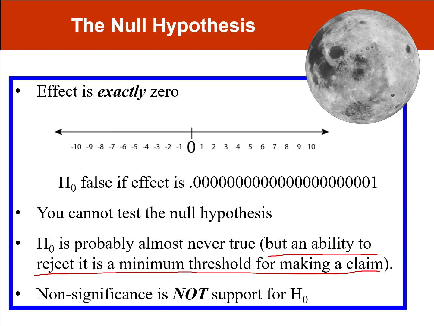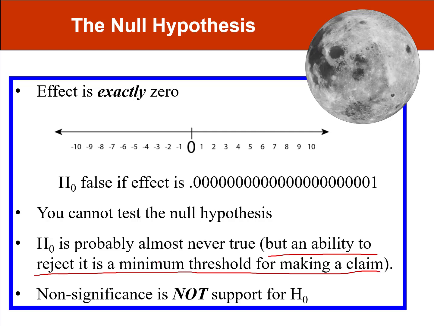It's something that the scientific community has agreed upon, that you need to be able to at least reject that null hypothesis before you can make a claim to have discovered something. And if you can't at least reject the null hypothesis, there's too much risk that your results might simply be due to random chance findings, and therefore you should not say anything.